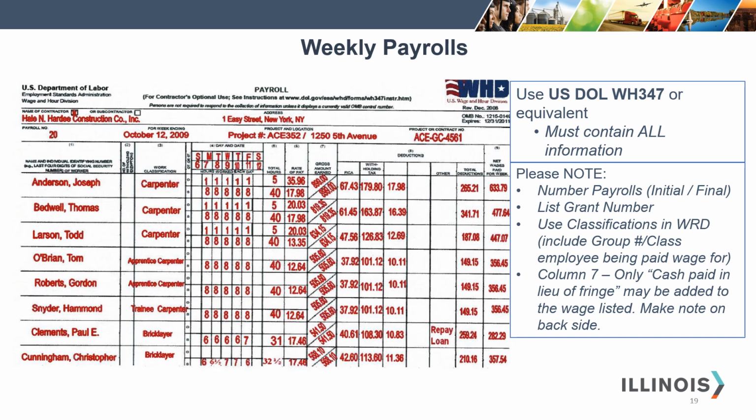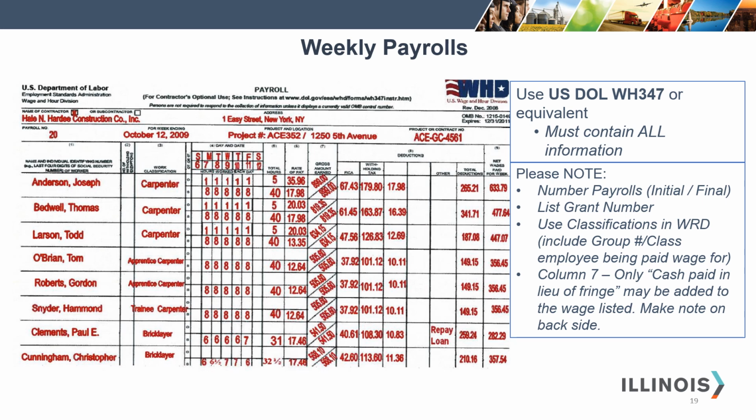You can find written and visual instructions for this payroll on DCEO's website. If you are not using the WH 347, the equivalent payroll from the contractor must contain all information captured on the WH 347. I know that I have said this before, and I will probably repeat it again.